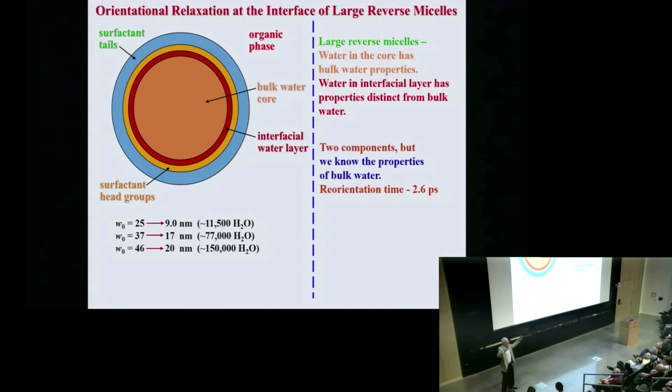But if you make this thing big enough, the water right in the middle, away from the interface, is going to look like bulk water. So a large reverse micelle is big enough that you've got a pool of water in the middle that's just like bulk water, but near the interface it's going to be very different from bulk water. Now remember, in bulk water, the rotation time is 2.6 picoseconds.